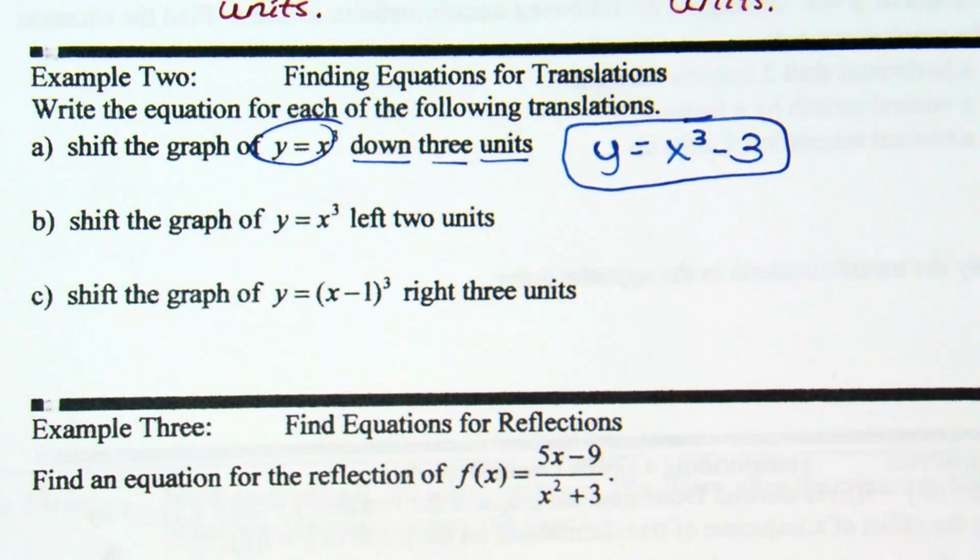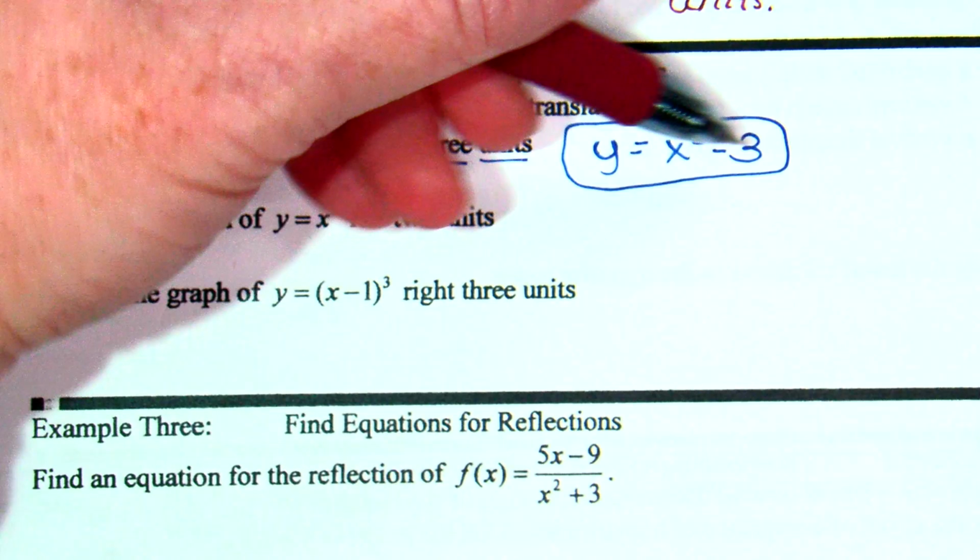I don't know. Deal with it when the situation arises. It's more important how you write it at that point. For that one, I just put x cubed in parentheses, and then minus 3. That would be equivalent. Yep.